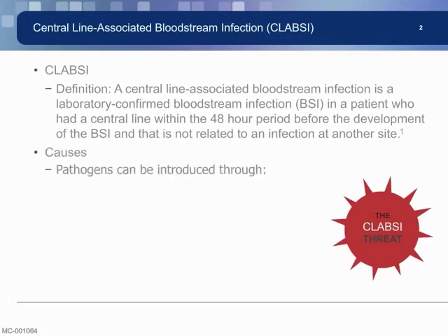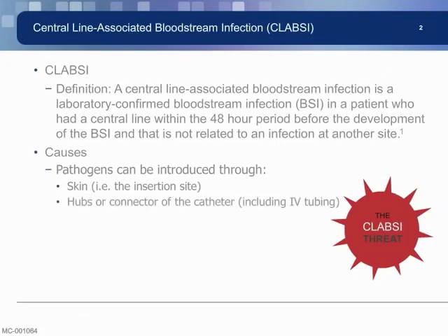What are the causes of CLABSI? CLABSI occurs when there is the introduction of pathogens, both fungal and bacterial, into the bloodstream. This can occur in many ways. First, it can occur at the skin around the insertion site. Second, pathogens can be introduced from the hubs or connectors to the catheter.